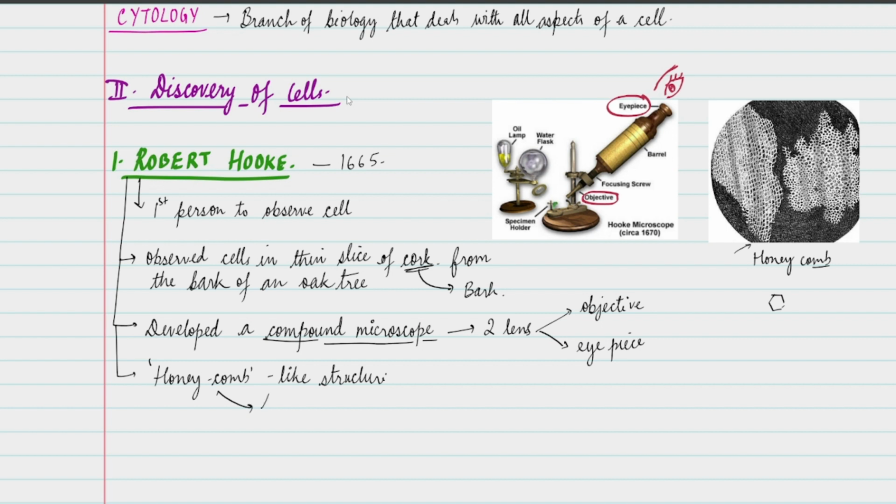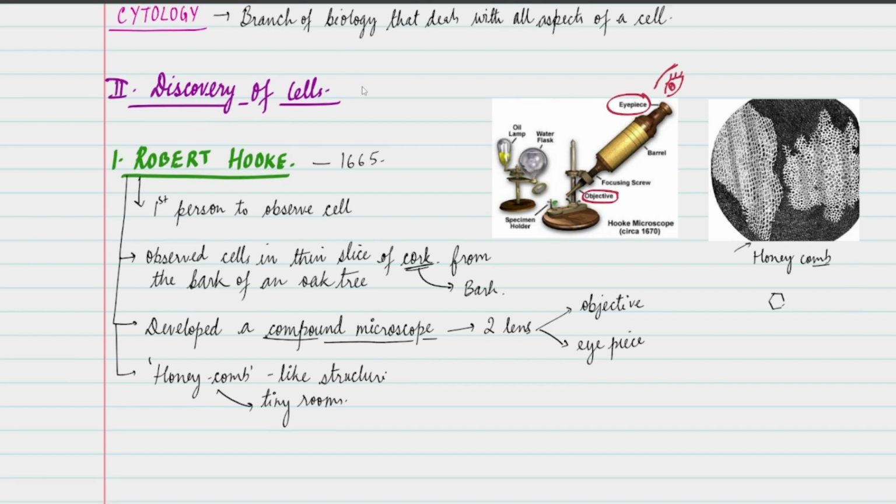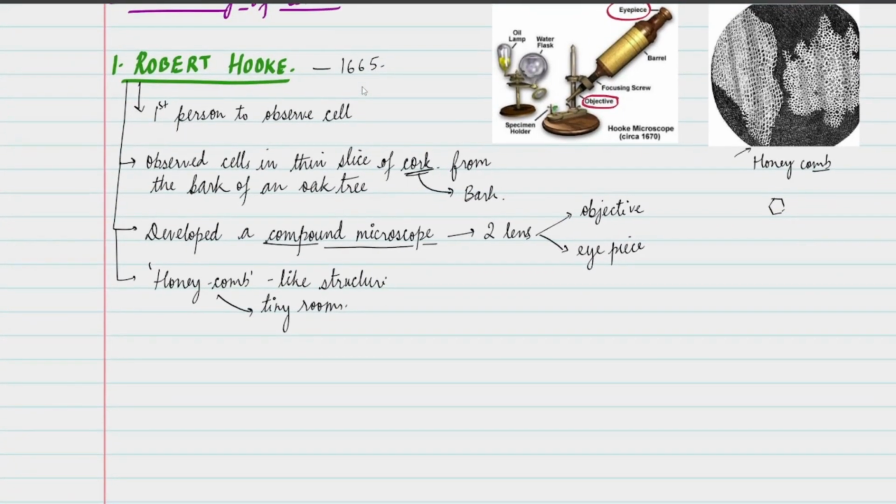So this gave him an idea to name this structure. When he looked at the slice of cork, it reminded him of the tiny rooms of monks in a monastery. So he coined the term cell.